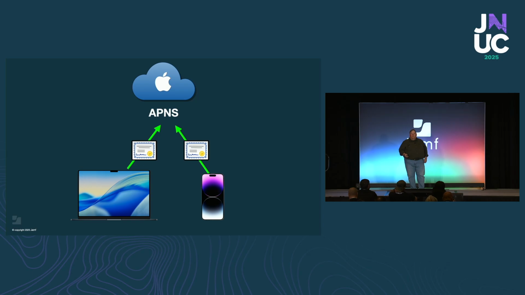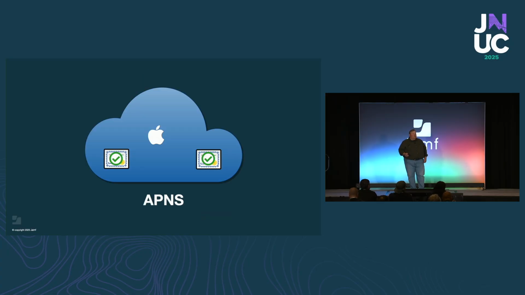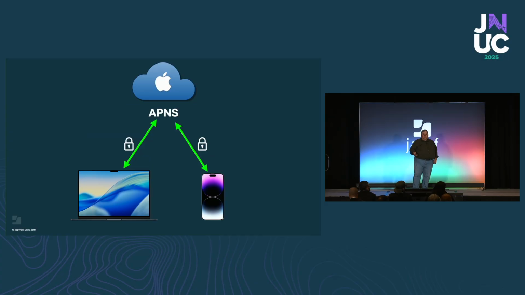Now, the device has an Apple-issued device certificate, so once the device has verified that the certificate provided by APNs is valid, it sends that device certificate up to APNs. APNs will check the certificate that's been provided by the device, and verify that it's valid, and that tells APNs that the device can be trusted to communicate with. Now, once both sides know that the opposite end can be trusted, they will exchange cryptographic ciphers, and they'll start a conversation.